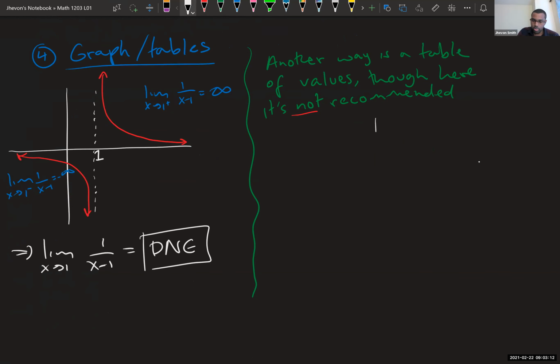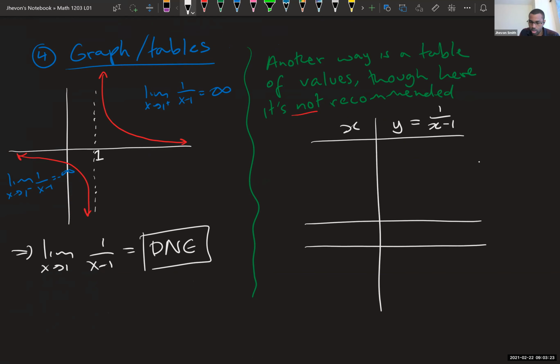So you could have just drawn up a table where you're looking at x and y equals 1 over x minus 1. Obviously we want to get to x equals 1. So we can approach 1 from above, or from the right if you're looking at a graph.